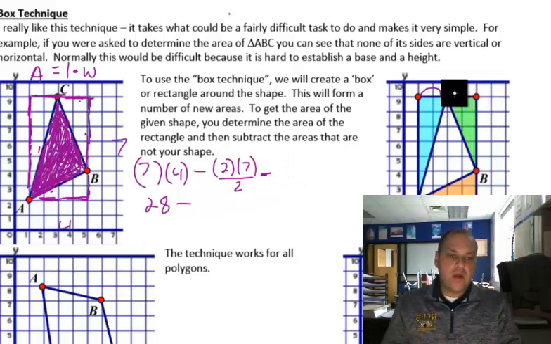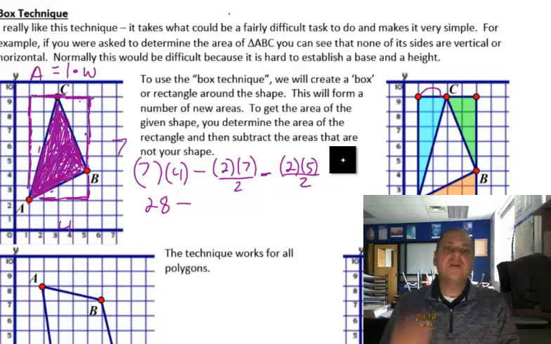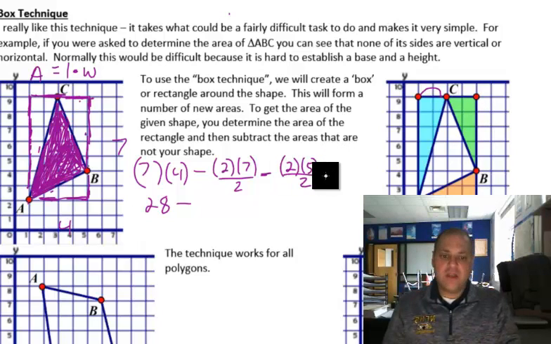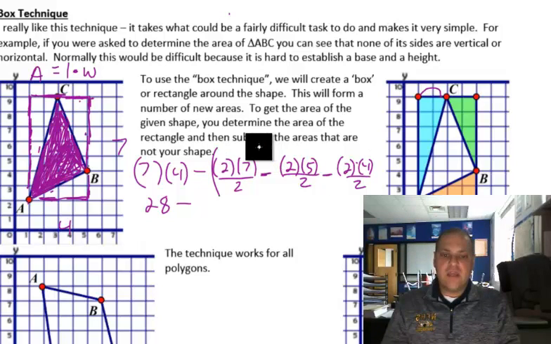Then I have the green one, 2 by 1, 2, 3, 4, 5. That's a 2 by 5. But again, I've got to do half, 1/2 base times height. And then this one's 1, 2, 3, 4 by 2. So 2 by 4. And then I've got to do half.